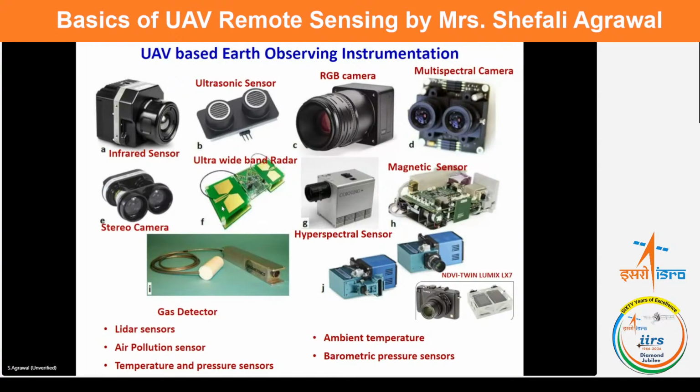So how do we choose a sensor? It depends on the kind of research you are following or the requirement. Based on that, you decide on the sensor, then you decide on the payload and the platform. For example, if I can give an example of crop stress at a plant level, where we want to find the stress in an individual plant, then I need a multispectral dataset with a spatial resolution of 5 to 10 centimeters.